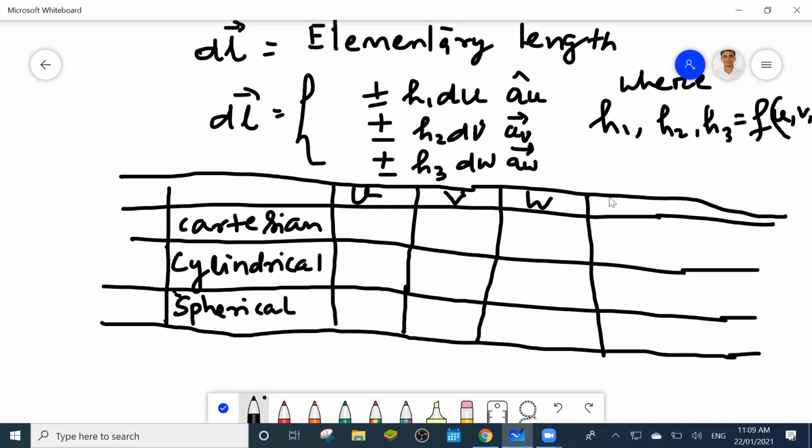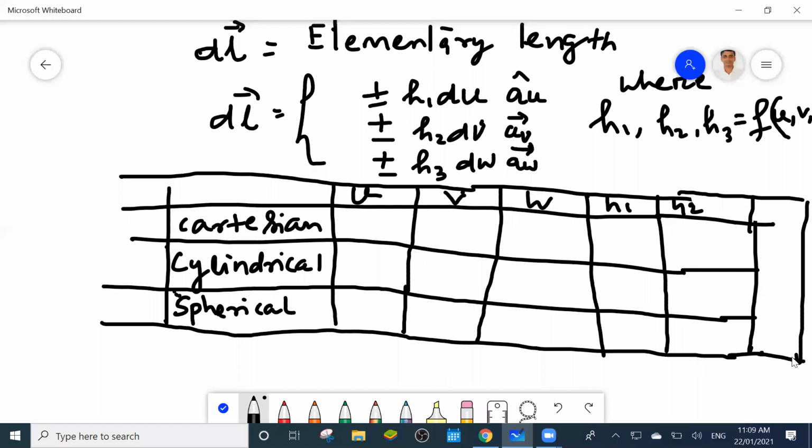Then this is the H1 value, this is H2 value, and the last one is the H3 value in general notation.